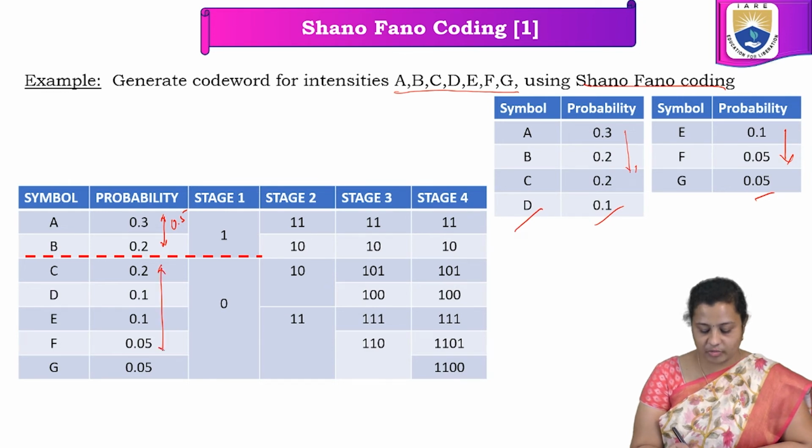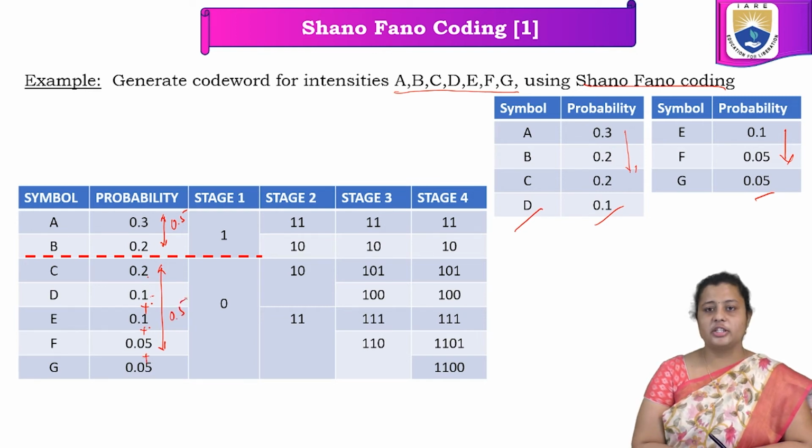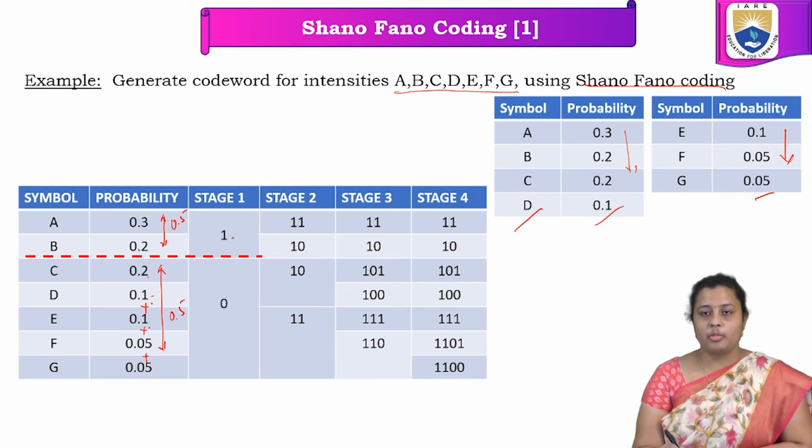The probabilities here are 0.2 plus 0.1, which is 0.3, plus 0.1, which gives 0.4, and after adding the other two, we get almost 0.1. So these two probabilities are very much similar, right? To one subgroup we give the coding value 1, and for the other subgroup we give the coding value 0.